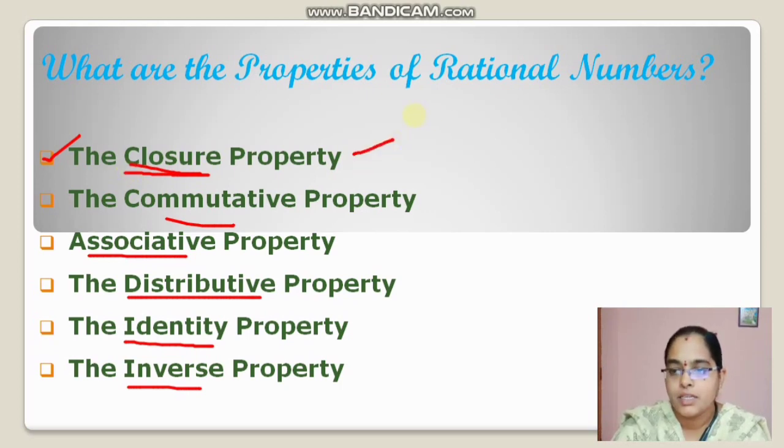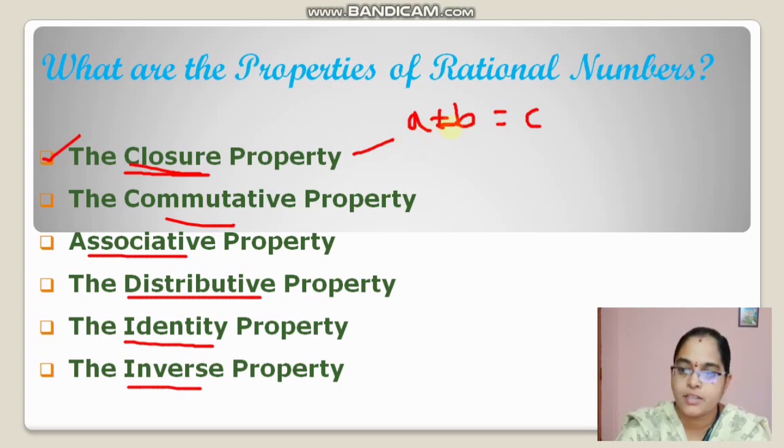If I have two rational numbers a and b, and the sum of these two rational numbers is a rational number, then we call it rational numbers are closed under addition. Likewise, if we subtract two rational numbers and the answer also is a rational number, then we conclude that rational numbers are closed under subtraction. So this is the closure property.